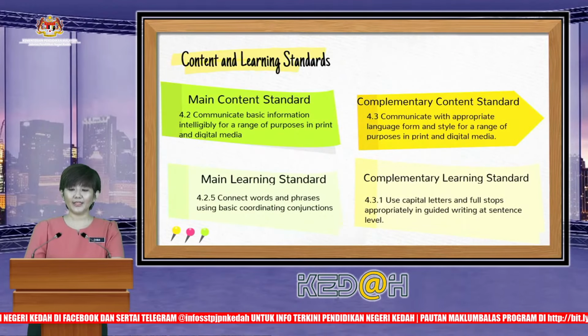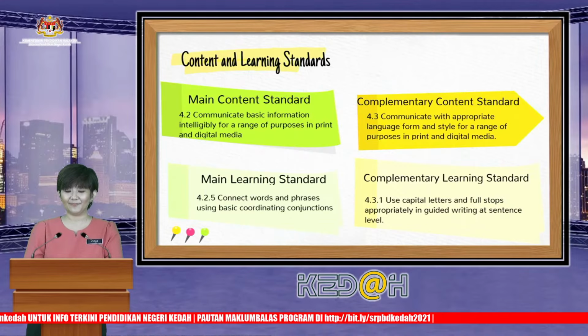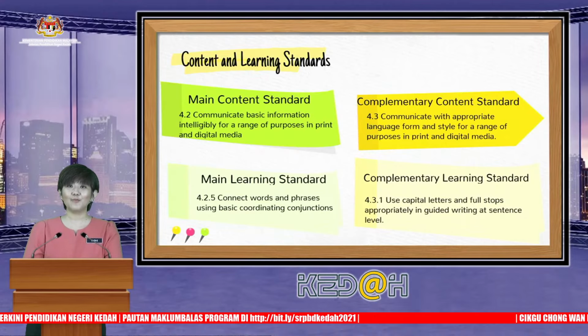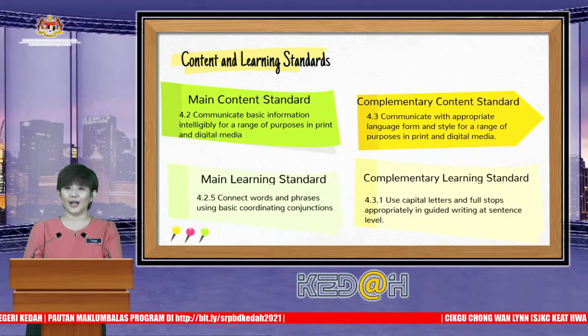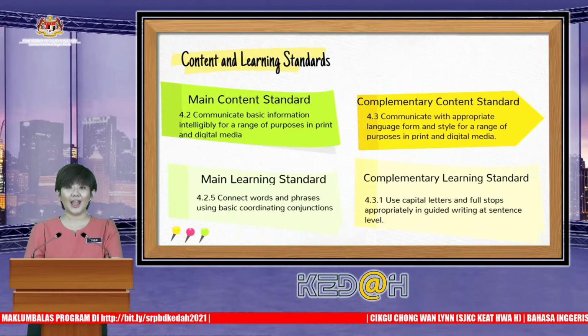The main content standard for today's lesson is 4.2, communicate basic information intelligibly for a range of purposes in print and digital media. And the complementary content standard is 4.3, communicate with appropriate language form and style for a range of purposes in print and digital media.